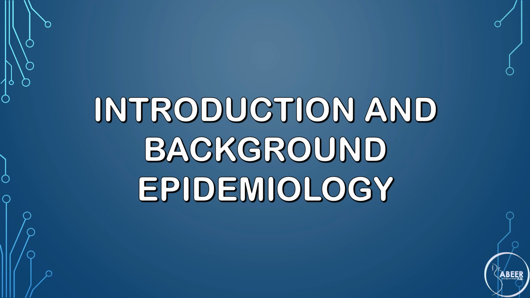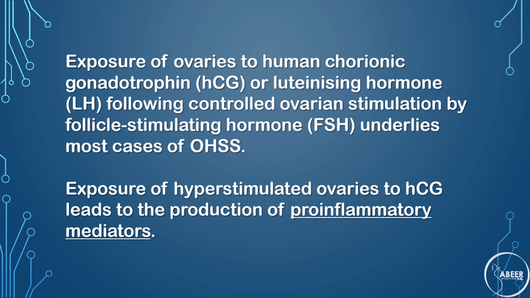Introduction and background epidemiology. Exposure of ovaries to human chorionic gonadotropin, or HCG, or luteinizing hormone, or LH, following controlled ovarian stimulation by follicle stimulating hormone, or FSH, underlies most cases of ovarian hyperstimulation syndrome.